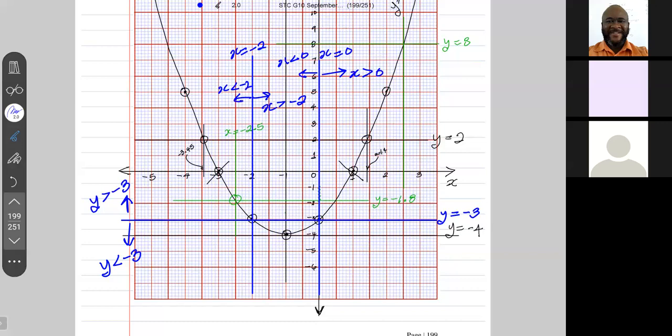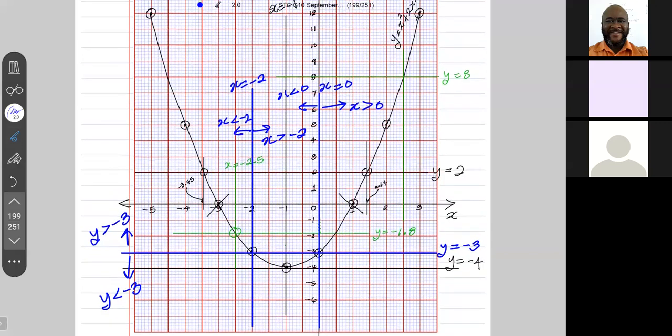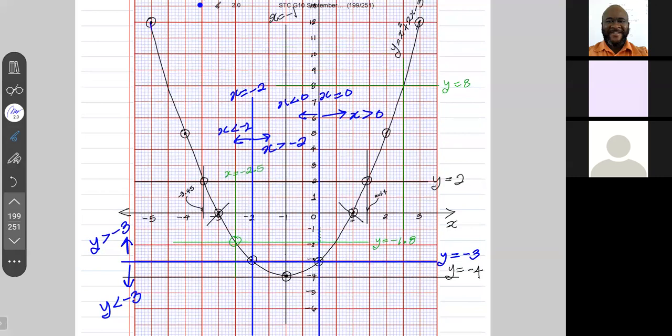All right, let's put in some different colors now. So this is one region of my graph. That's blue. That's one piece of my graph.